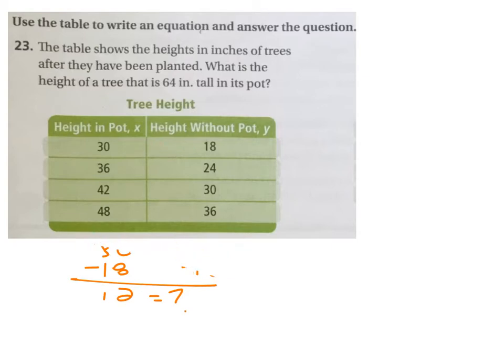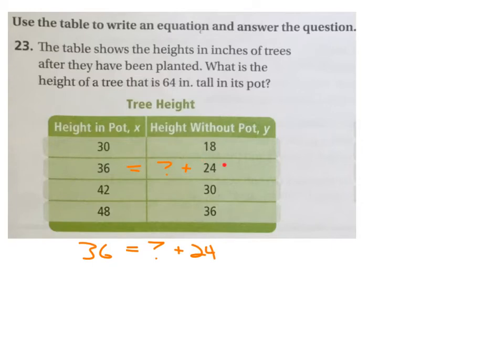But let's just go back and say, okay, if we think that's true, we can try it one more time with another number to verify it. We can say, what plus 24 equals 36? 36 is equal to the height of the pot plus the plant of 24, because right now, this is just the plant itself, the tree itself, without the pot adding to the height.